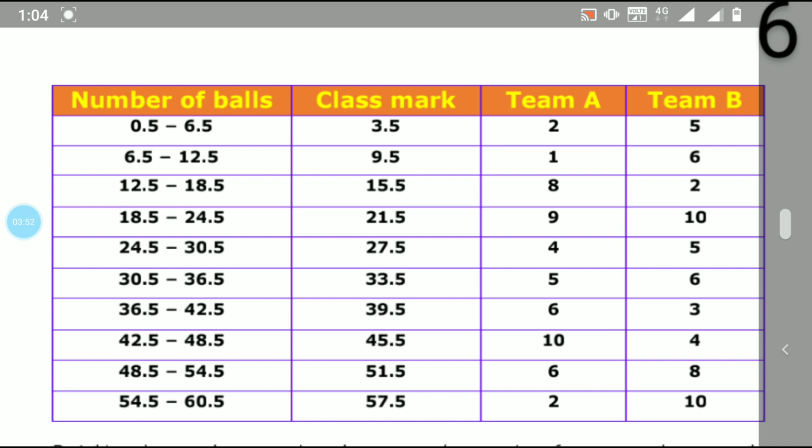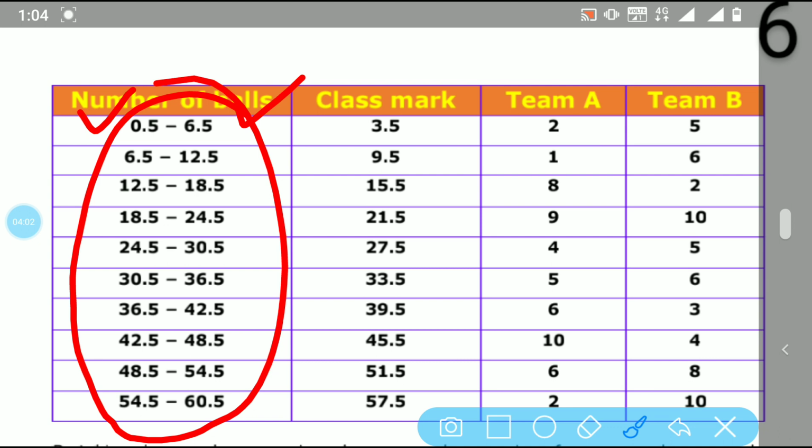When we subtract 0.5 from the lower limit it will be 0.5, and when we add 0.5 to the upper limit it will be 6.5. So now you can see this class interval is in continuous form: 0.5 to 6.5, 6.5 to 12.5, 12.5 to 18.5, 18.5 to 24.5, 24.5 to 30.5. So it is in regular or continuous form.